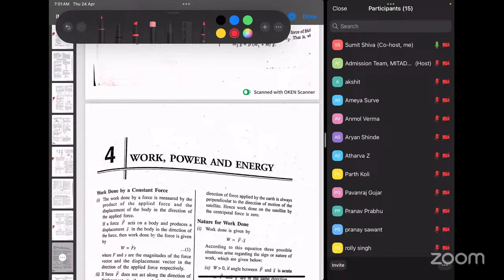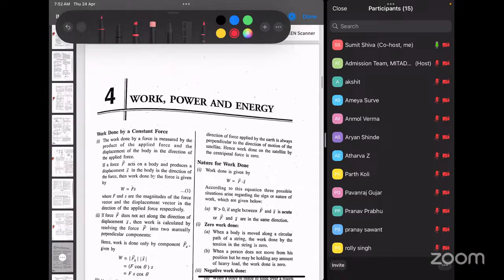If the work done is positive, it indicates that force and displacement are acting within the range of acute angle. If it is zero, the angle has to be 90 degree, and if it is negative, then the angle between the force and displacement vector will be obtuse, including 180 degree.